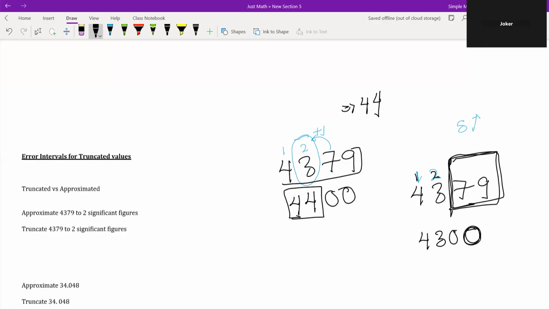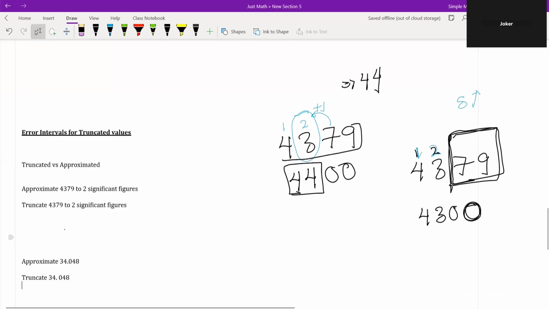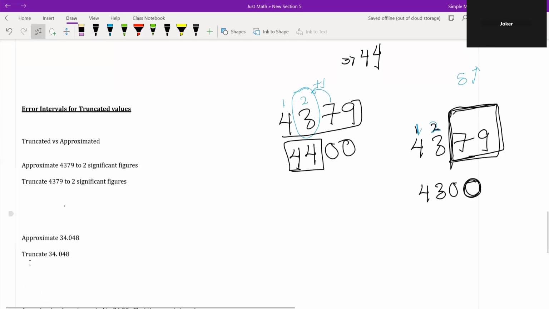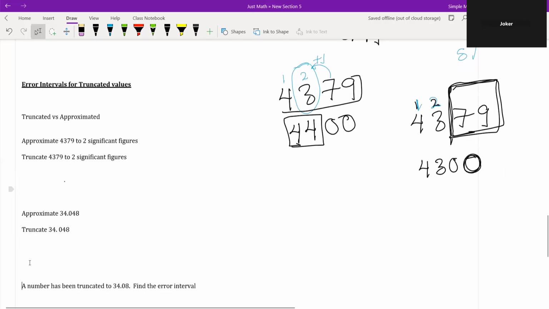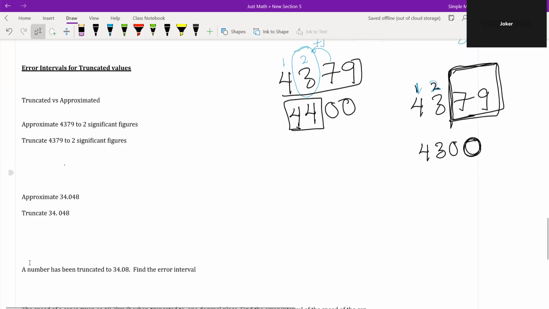Because of this, truncating will have a slightly different error interval. So you can do this on your own. Perhaps, like I said, I'll make a separate video on this. You can just try.